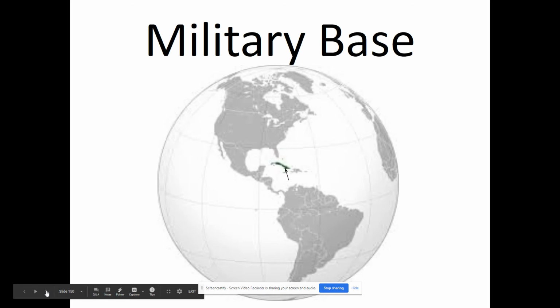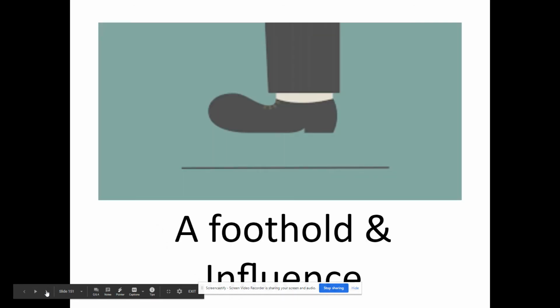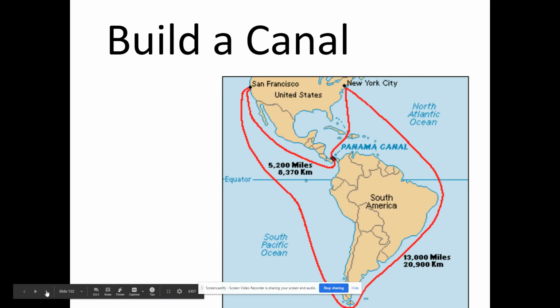Three, if we put a military base there, that gives us a foothold for influence. So I'm not even talking about conquering lands, but that would allow us to build a canal. At this point, if we wanted to travel anywhere in Asia or to the west coast of our country, we had to go all the way around South America. Totally inefficient, to the point where we barely even tried to make the trip.